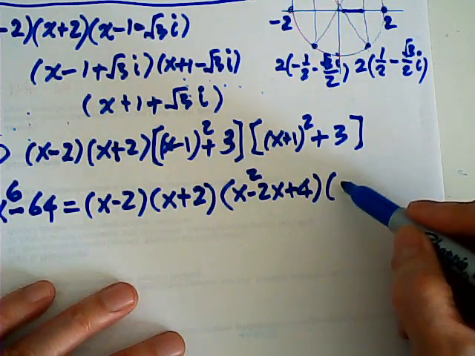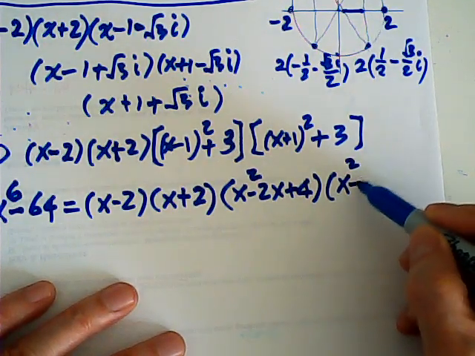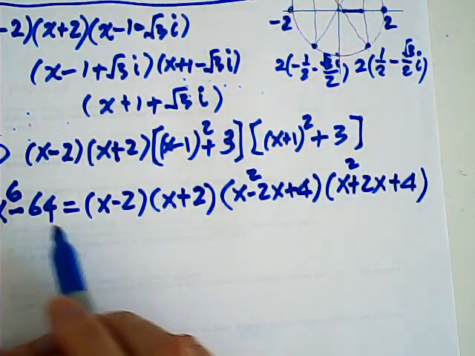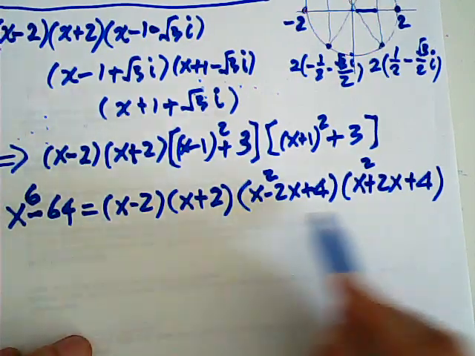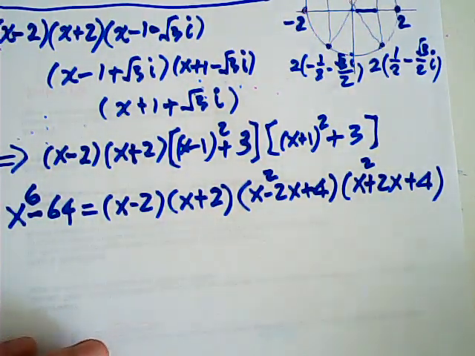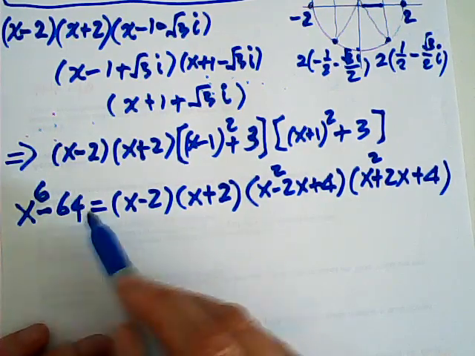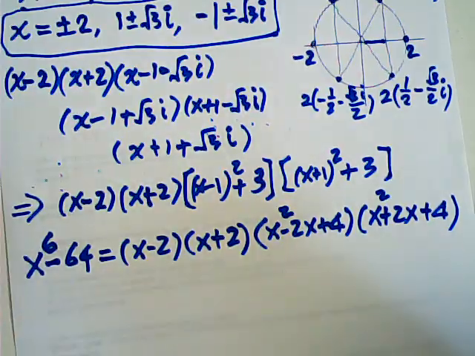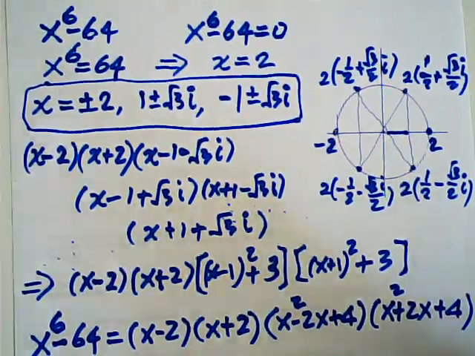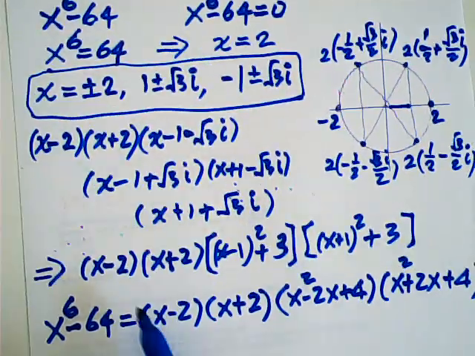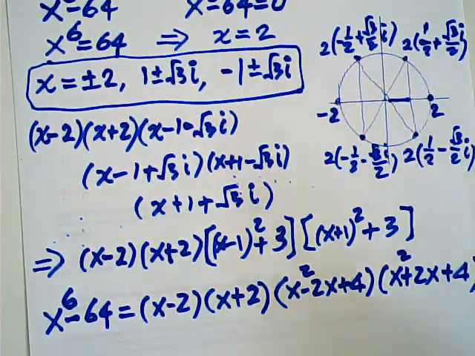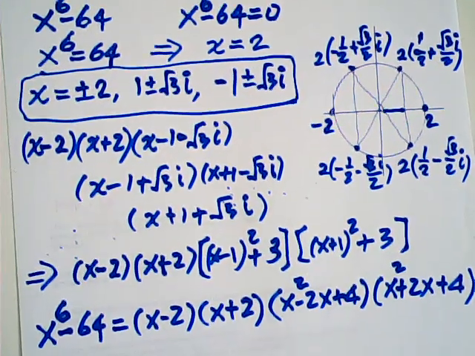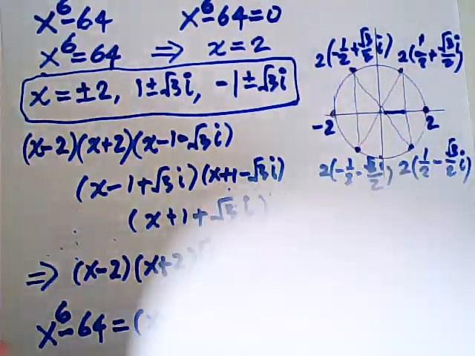And x squared plus 2x plus 1 plus 3, which is plus 4. So we have these 4 factors for the polynomial x^6 minus 64. So it's been done. I find the roots first, then I find the factors. See. All right, this is one example. Now another example.